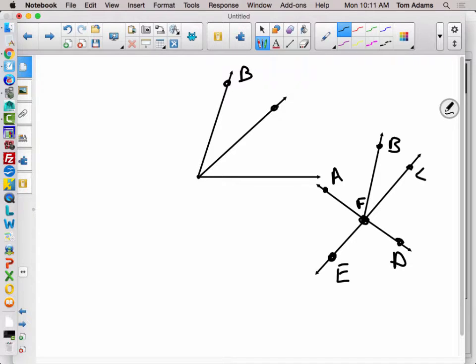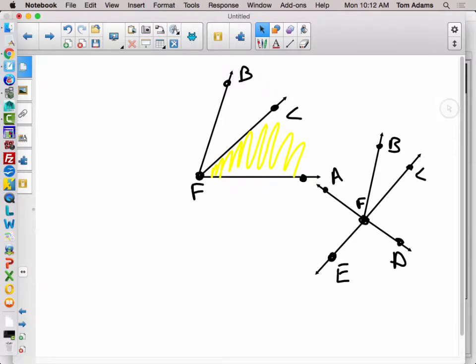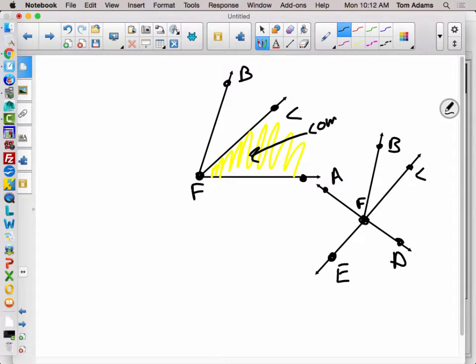If you zoom in on this, B and C and D and F, if we look at just this section right here, your book is reminding us that these have a common interior point. And that's a fancy way of saying that they all share the point F.